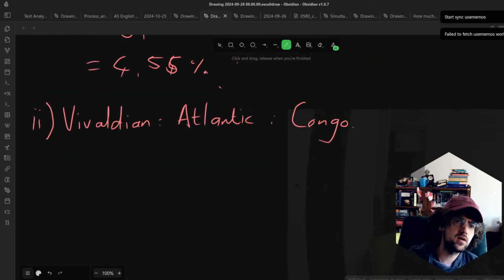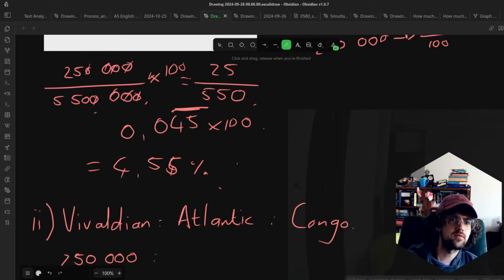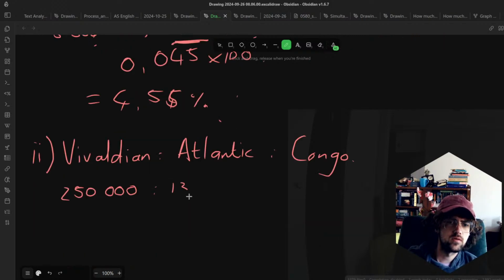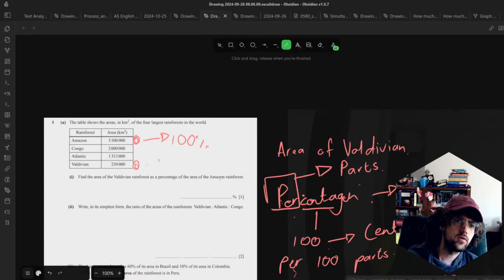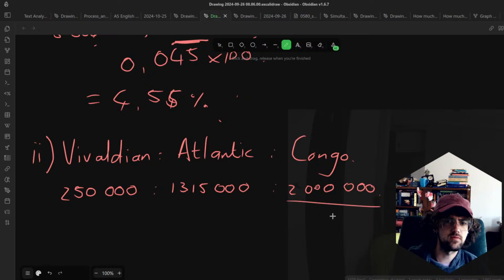Valdivian 250,000, Atlantic 1,315,000, Congo 2,000,000. So the first thing I know I can do is divide each of these by 1,000, because I want to simplify them. So I'm just going to try to simplify all of these.